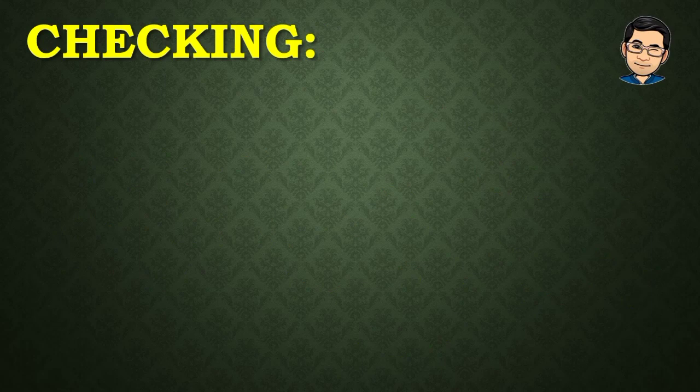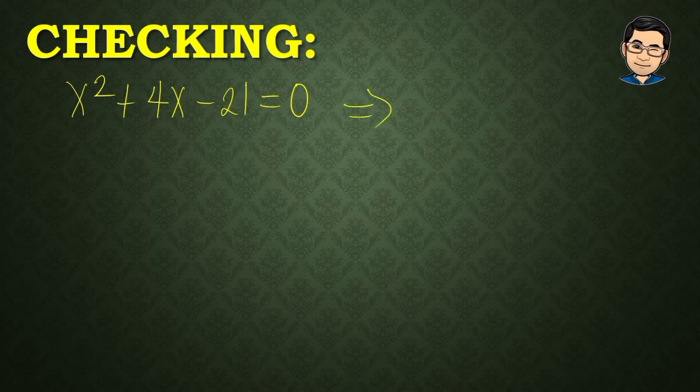So, to check, sulat lang natin ulit, x squared plus 4x minus 21 equals 0. And then, yung mga nakuha nating roots kanina is negative 7 tsaka 3. So, x equals negative 7 muna.